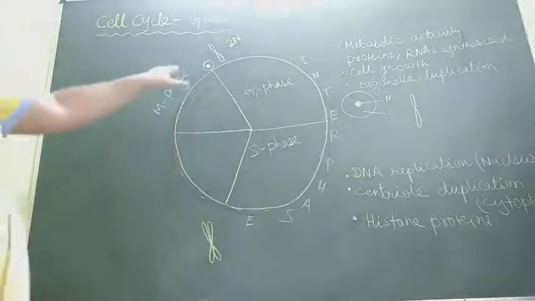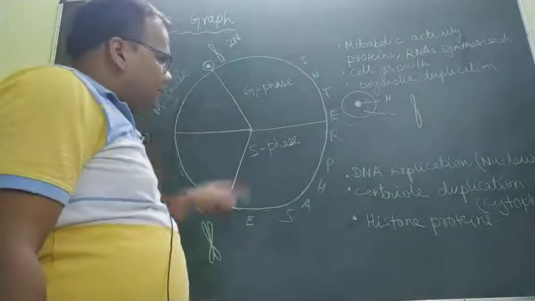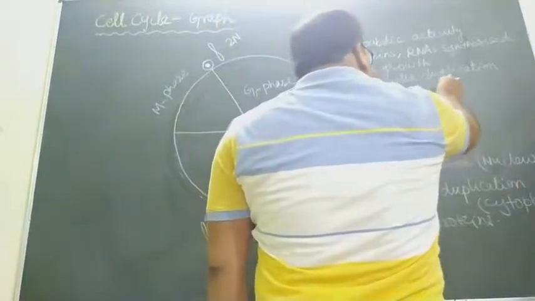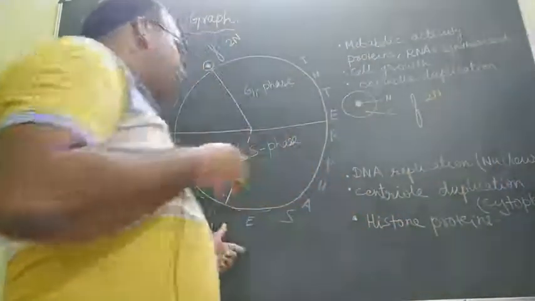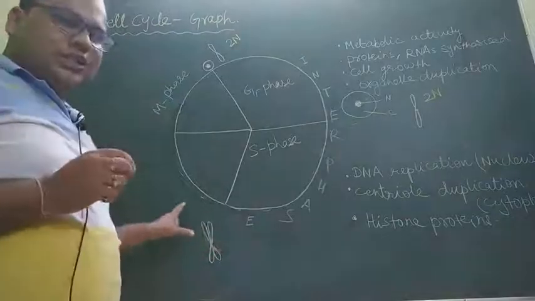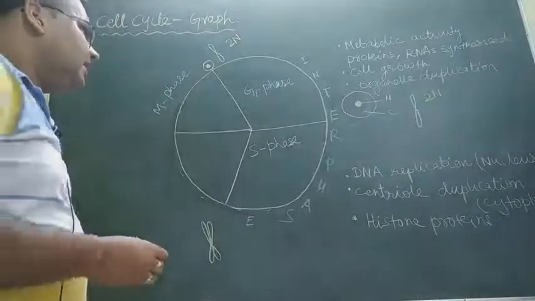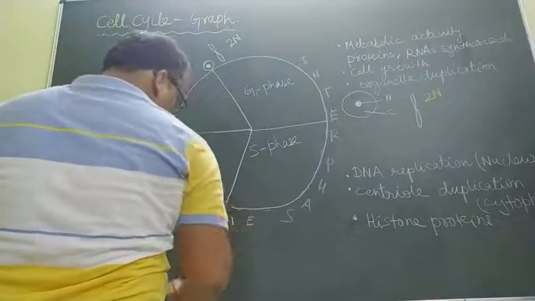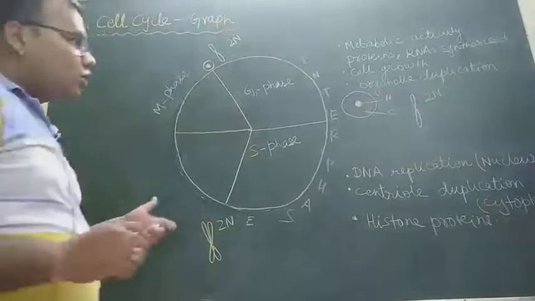So here the chromosome number is 2N. Here also, if we represent chromosome number, it is again 2N. After replication there is no change in chromosome number, it is still 2N. The number is not going to change.